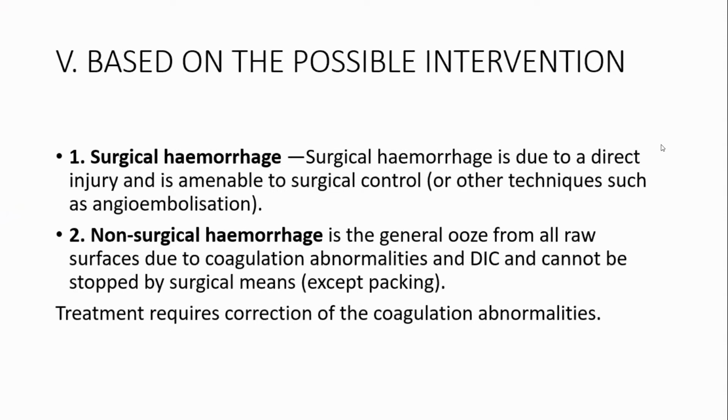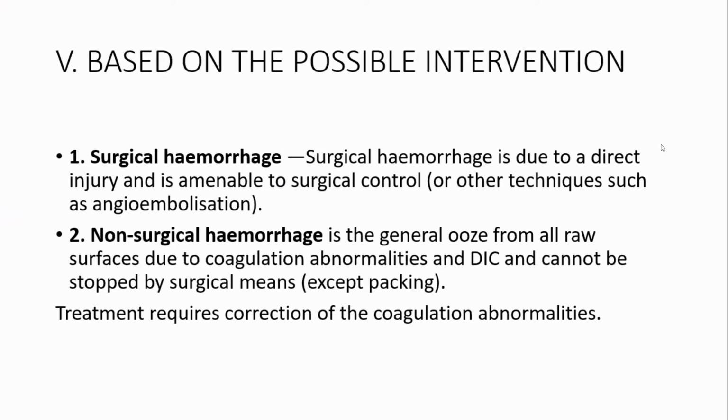as I have already talked, we need to differentiate surgical hemorrhage and non-surgical hemorrhage. Surgical hemorrhage is due to direct injury, and it is due to bleeding from the vessels which are injured during surgery, and we need to know the technical part of controlling the hemorrhage in this case.